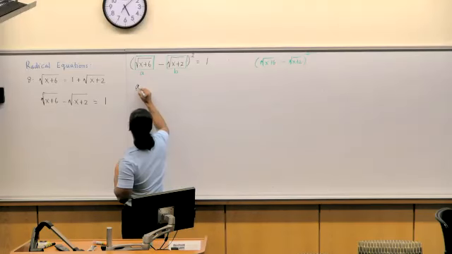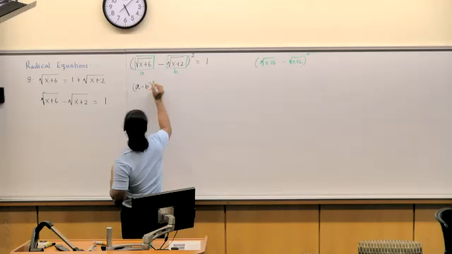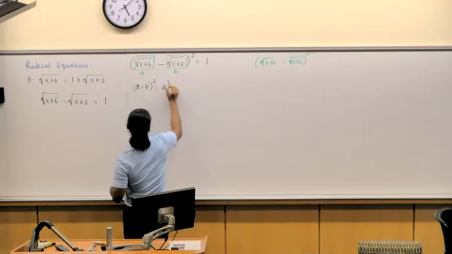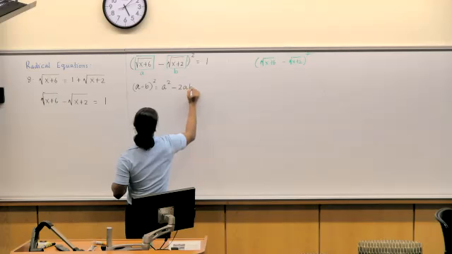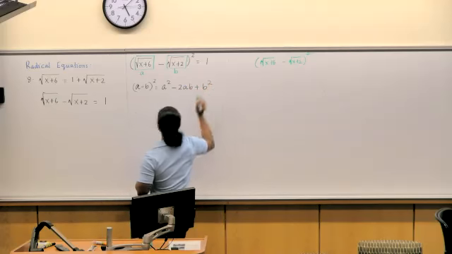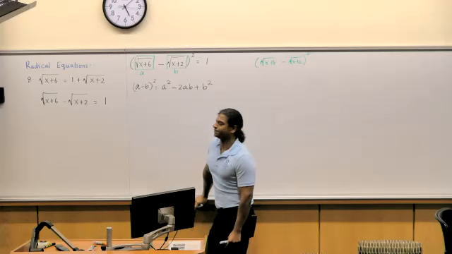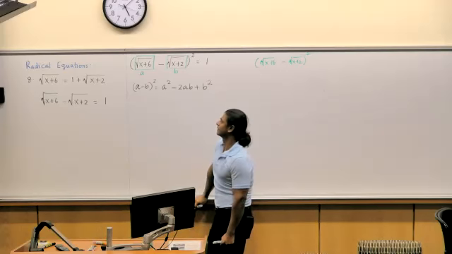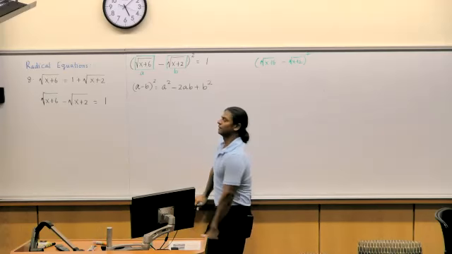A minus B squared is A squared minus 2AB plus B squared. In place of A, I'm going to put root x plus 6.